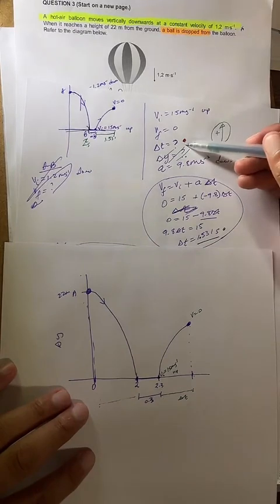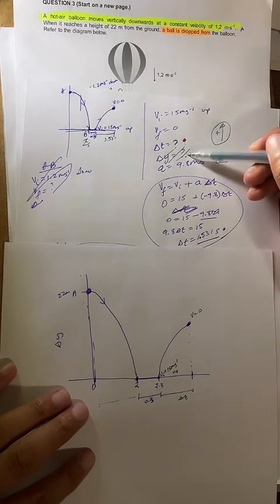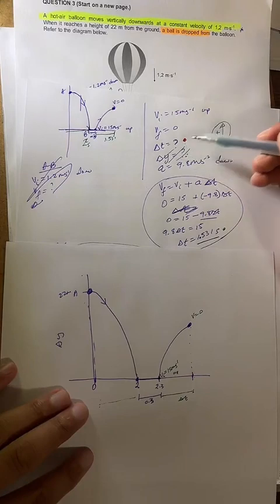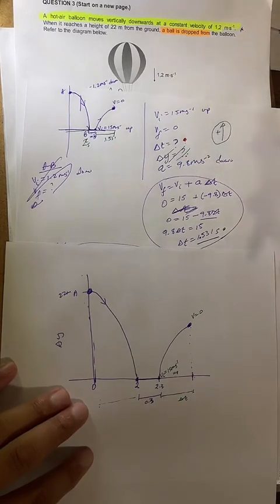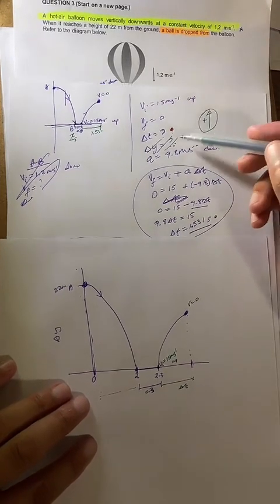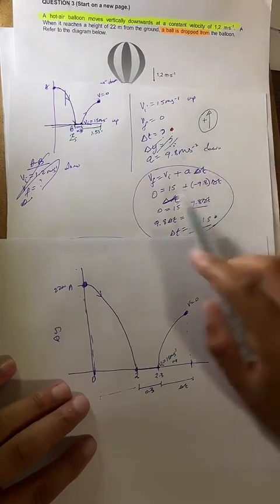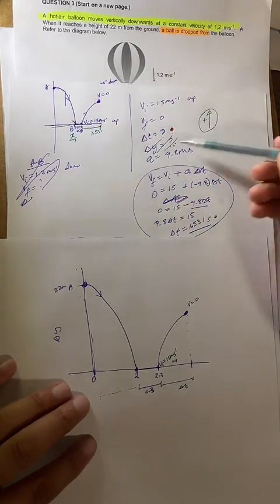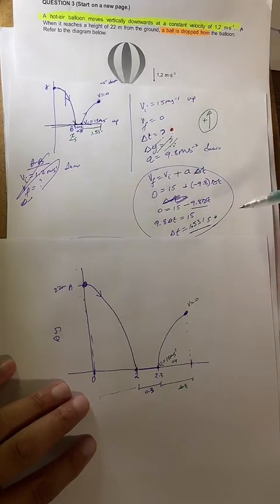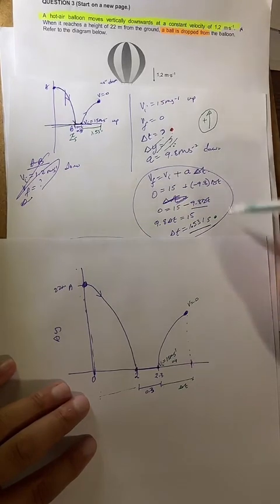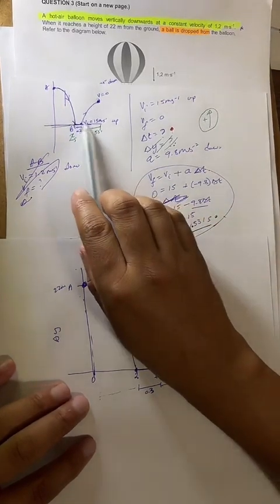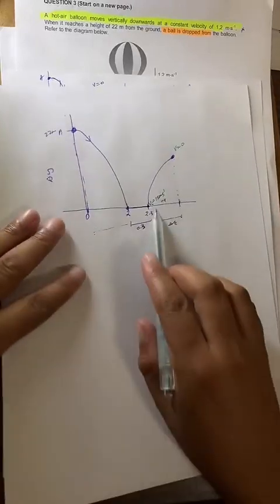The time is not known. The height it traveled for the second part is not known, so we also leave it as unknown, because we have a choice. We can avoid a formula that contains displacement and use this one to calculate the time from this part to this part. And this is what we did here.